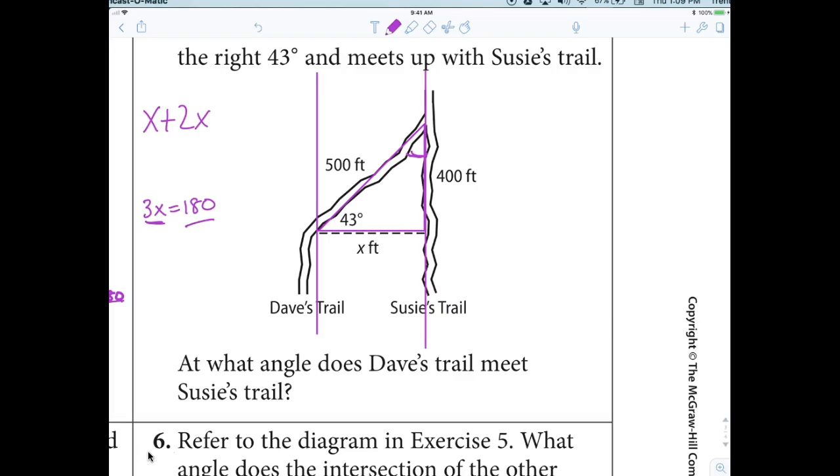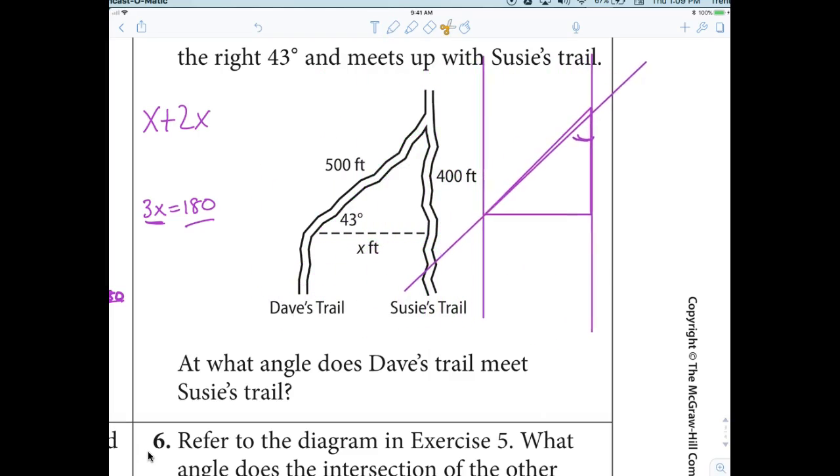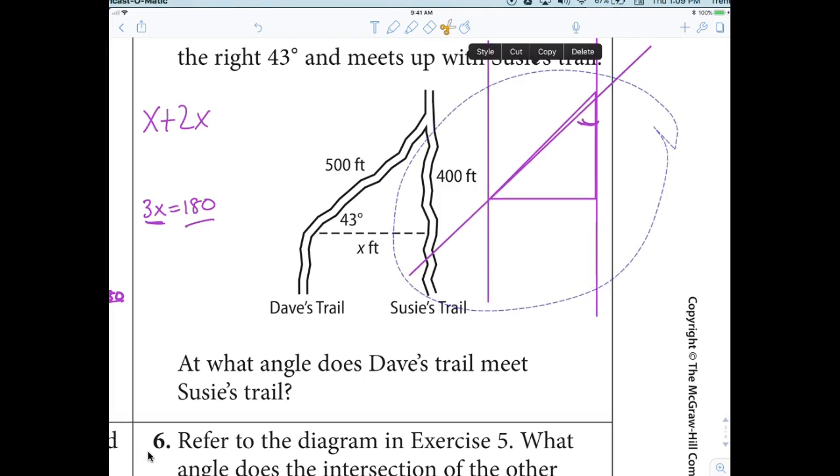And then here is this transversal that goes all the way through like this. All right, so now I'm going to move that off to the side to see if I can see anything better. So I move this over here. And it says this right here is 43 degrees.